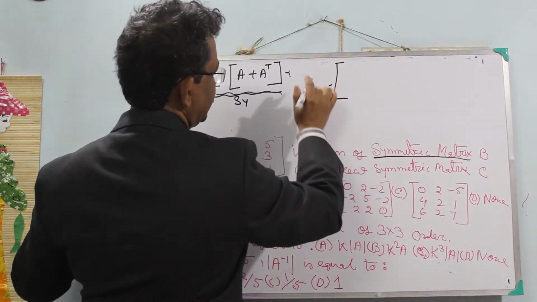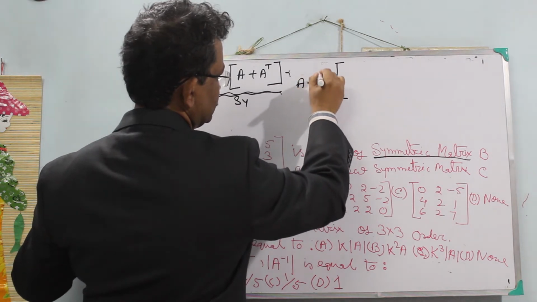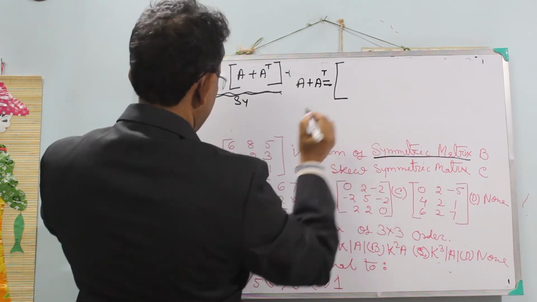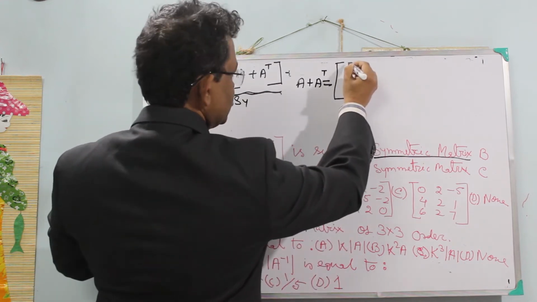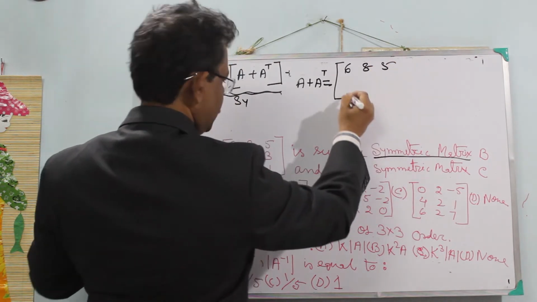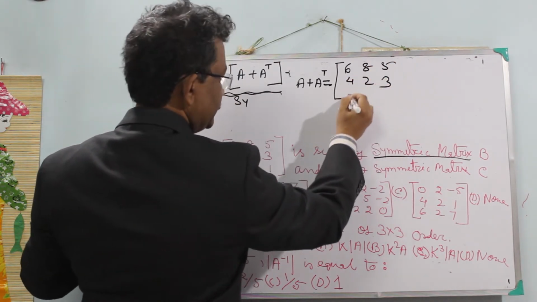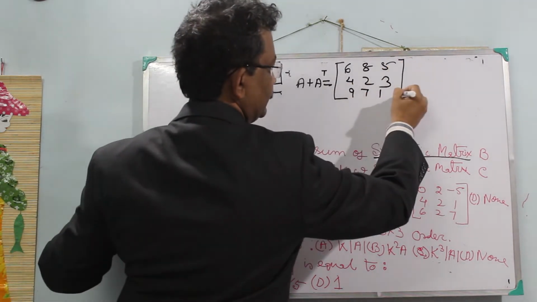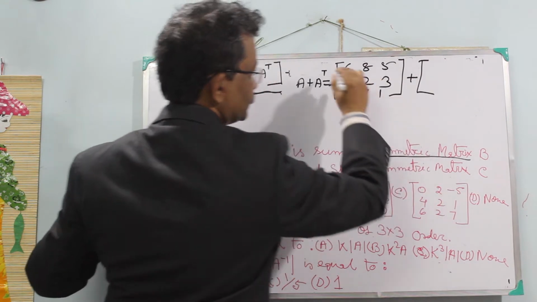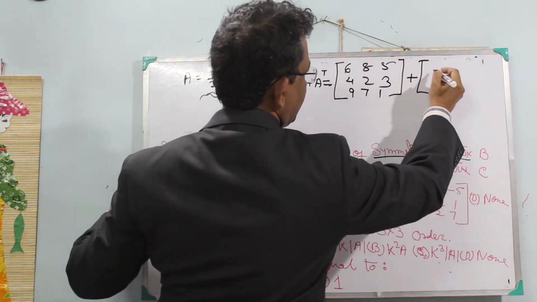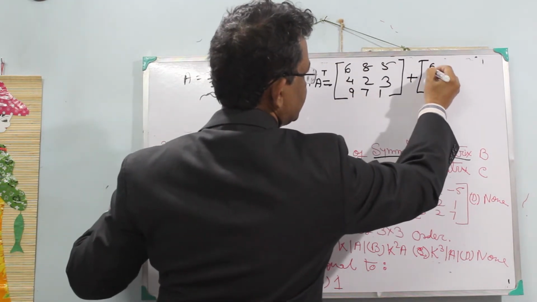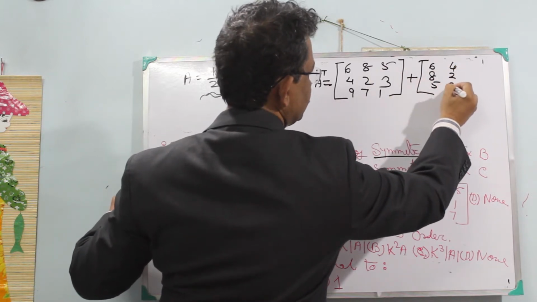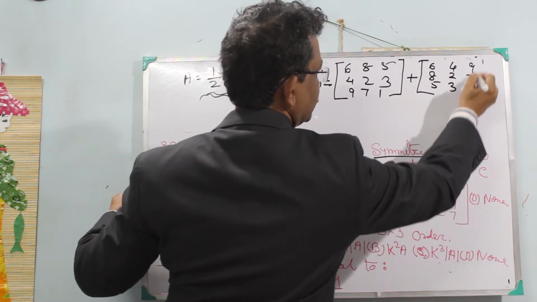Let's first calculate A plus A transpose. A is 6, 8, 5, 4, 2, 3, 9, 7, 1, plus A transpose, interchanging the rows and columns: 6, 4, 9, 8, 2, 7, 5, 3, 1.